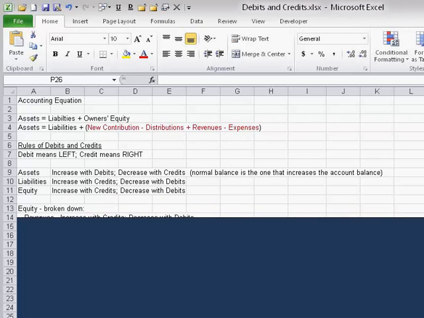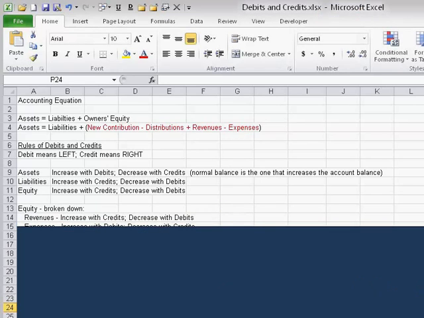Okay, so now we can break the equity down into its component pieces. We'll start with the first one, revenues. Now revenues will increase owner's equity. It's got a positive right here, right? Plus revenues. By the way, when I say new contributions, if you remember from algebra, that positive goes right in front there.